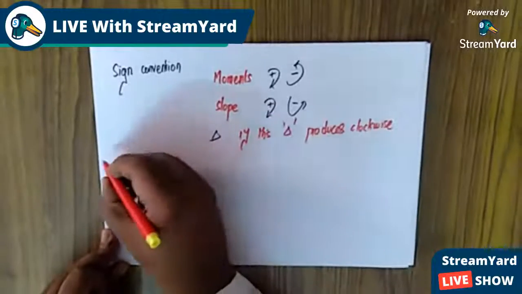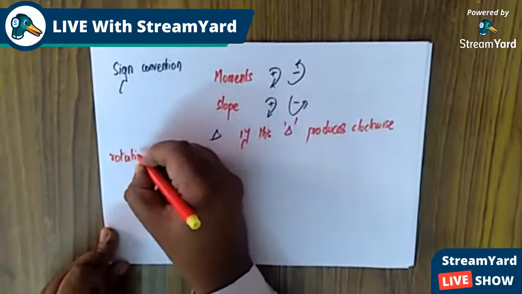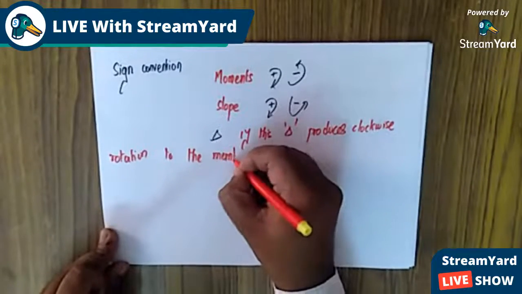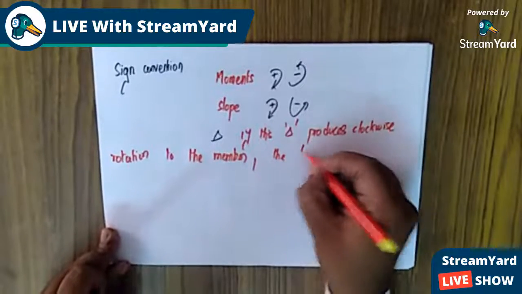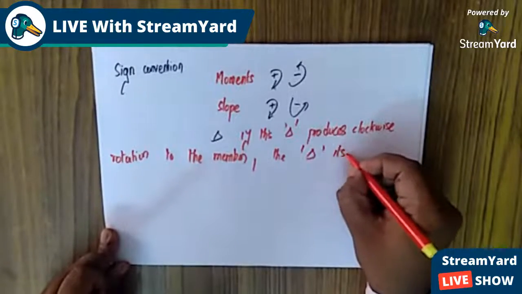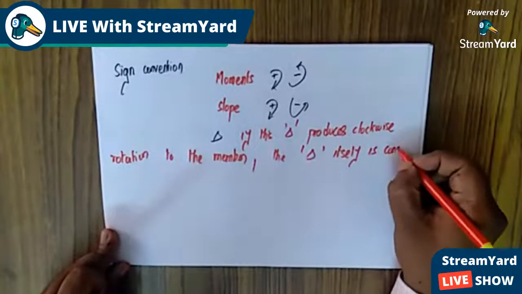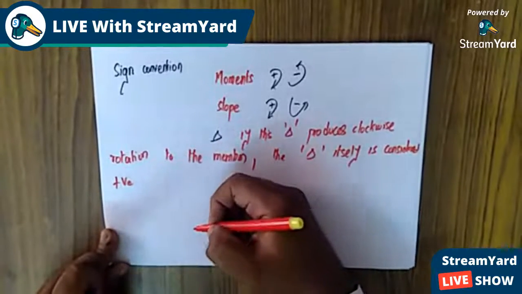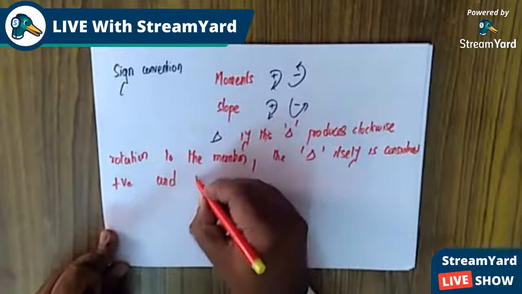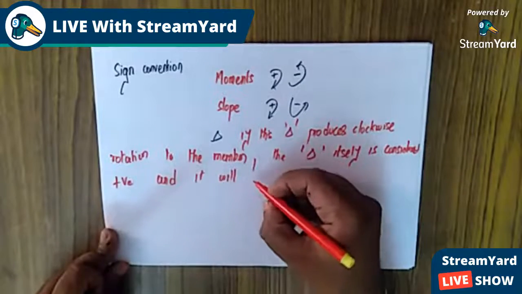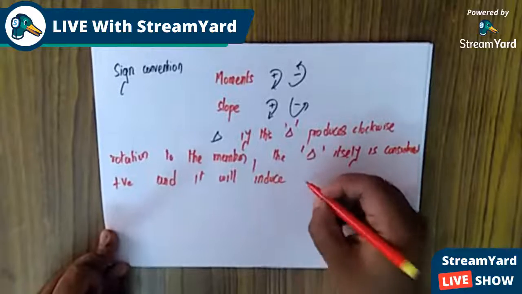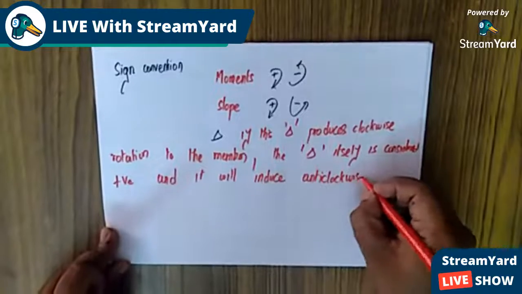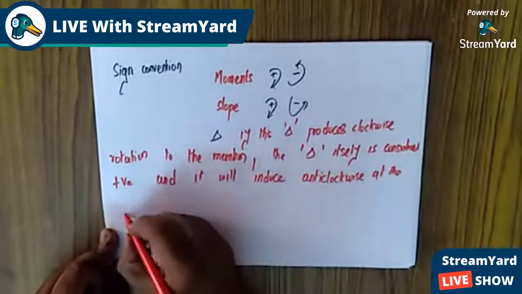rotation to the member, then delta itself is considered positive, and it will induce anti-clockwise moment at the supports.